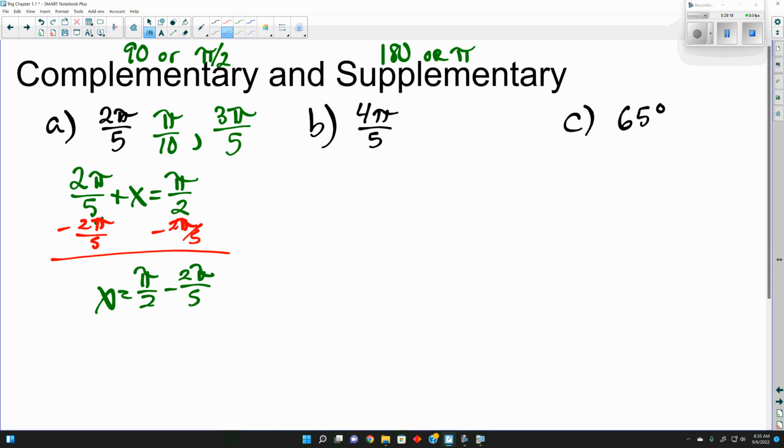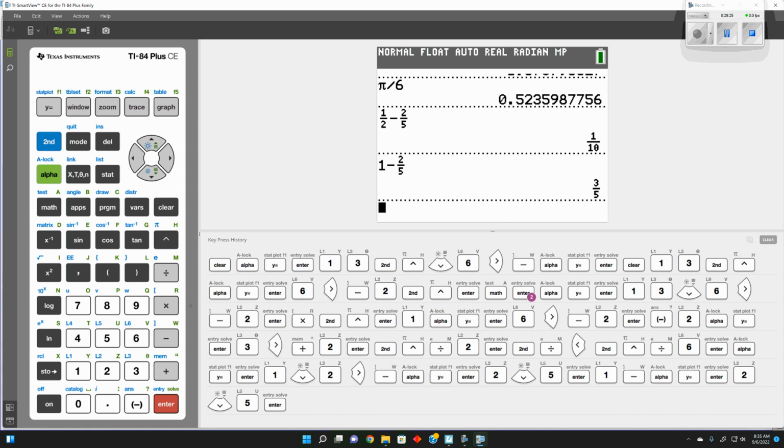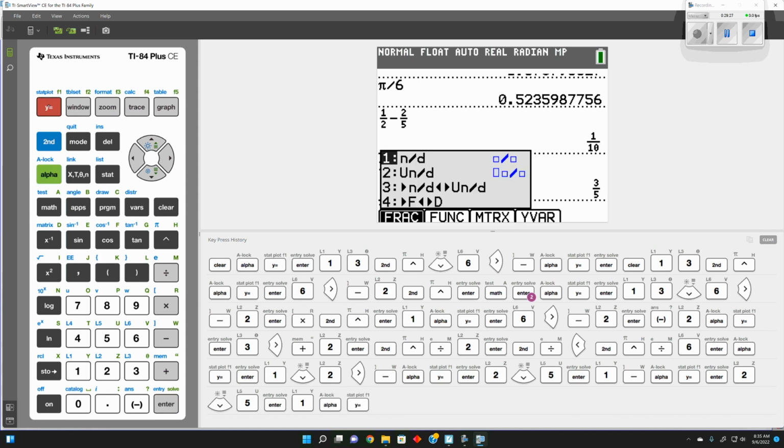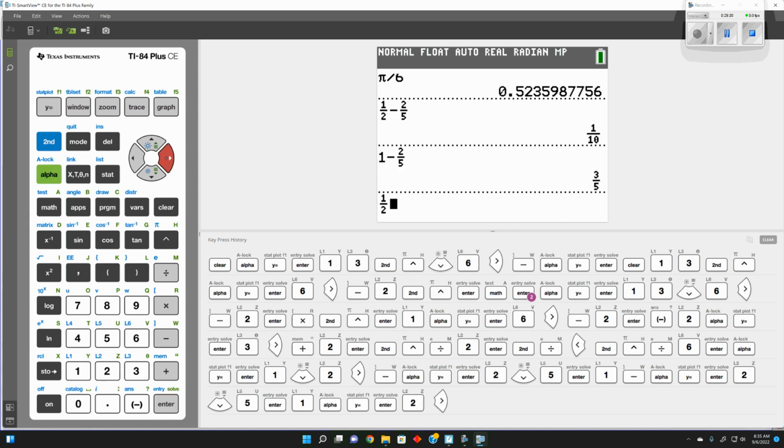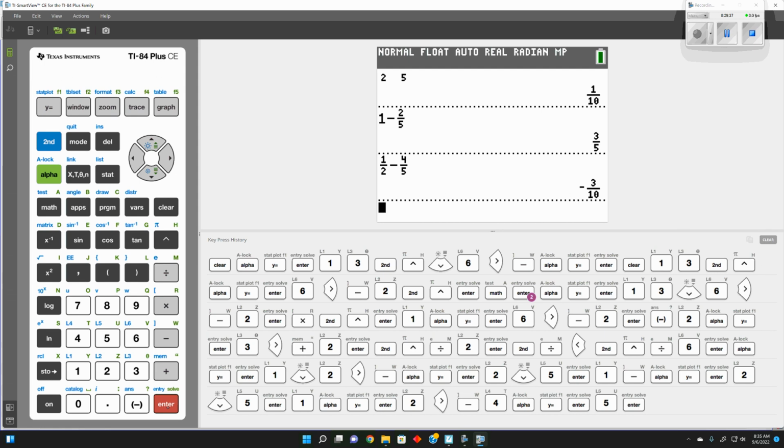We ready for the next one to do 4 pi over 5? Well, we're doing the exact same thing. We can just pull up the calculator and say 1/2 minus 4 over 5. And we get negative 3/10, yes? So this one actually doesn't have a complement because 4 pi over 5 is actually bigger than pi over 2.